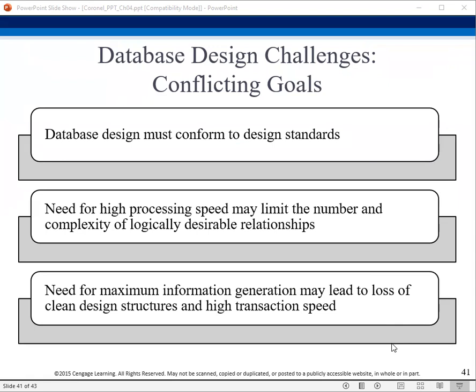As we mentioned, oftentimes organizations will go up to what's known as third normal form, which is a clean form, and then they'll go back to a first normal form because of the need for high-speed transactions. So we'll go over that next week when we start talking about normalization.